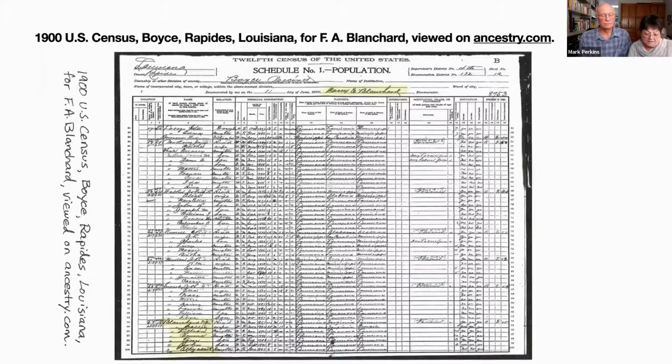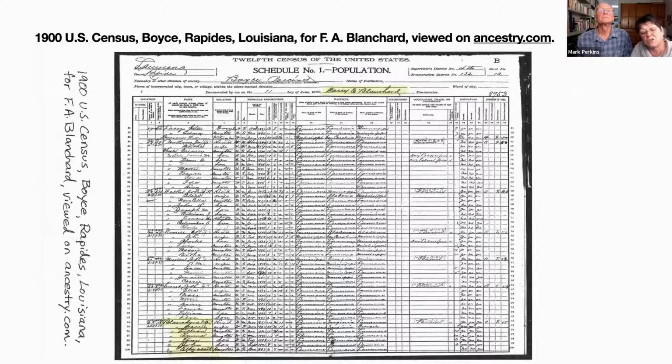This is a census image for the Blanchard family. There are a couple ways you can look at census images, and this is one of the ways. If you look down at the bottom, you can see that the father is listed first, F.A. Blanchard. Underneath that is Sally, and then underneath that are all of their children, and on the very bottom is Elizabeth.